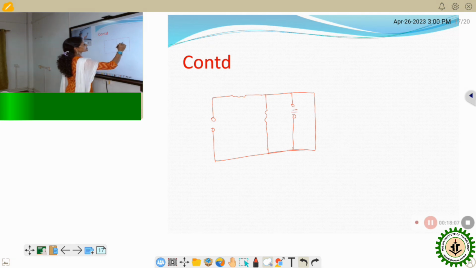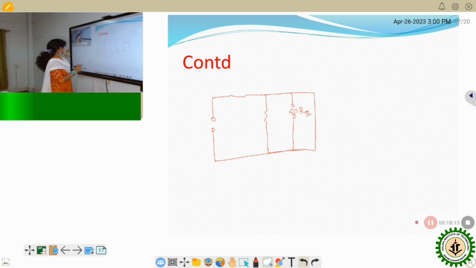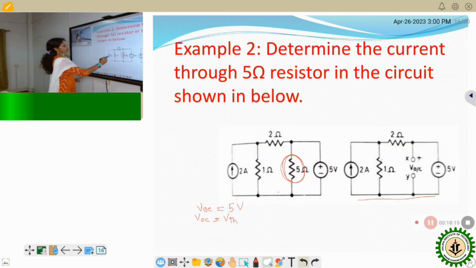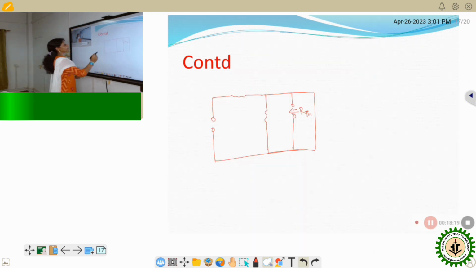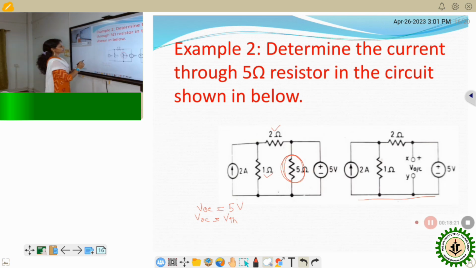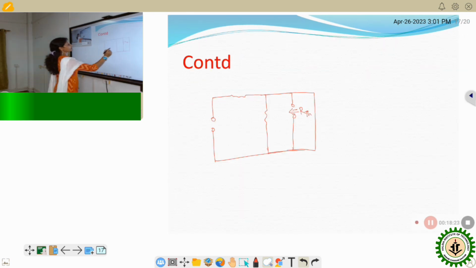It is open circuited, and then what will be RTH? The resistances given are 1 ohm and 2 ohm. Then what will be the RTH?